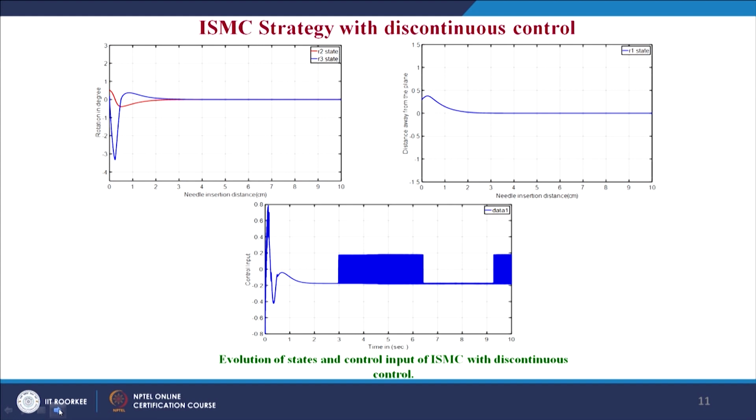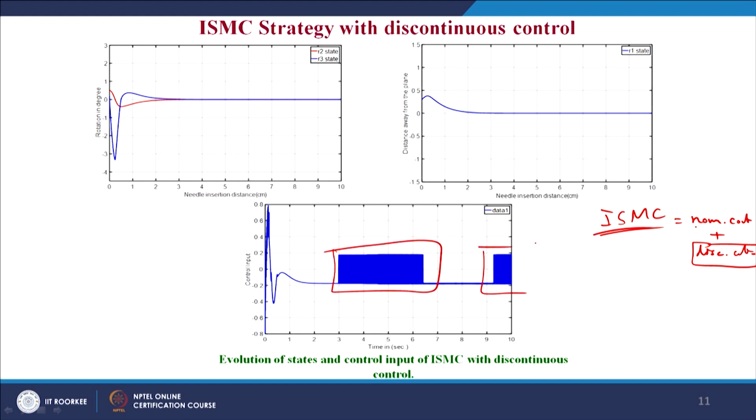So, we go for the strategy called the integral sliding mode control strategy, which is the nominal control plus discontinuous control. With the discontinuous control in the integral sliding mode strategy, we have high frequency components in the control input.